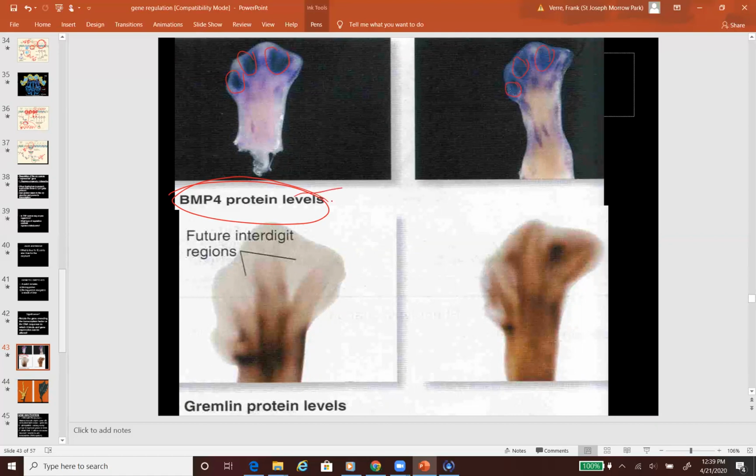Now, one of the things that BMP4 does is it destroys webbing. Imagine your fingers: when you were in the womb, you actually had webbing between the fingers, like webbed feet. What BMP4 does is get rid of it, destroys it, so your fingers look normal.